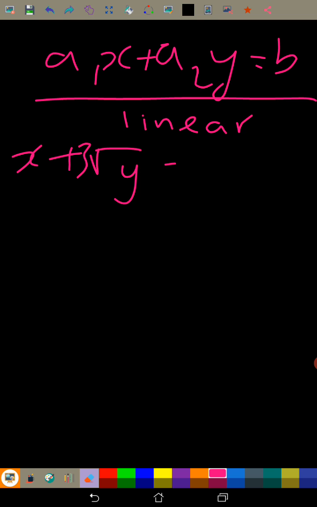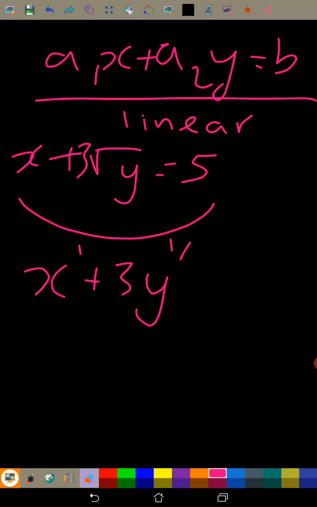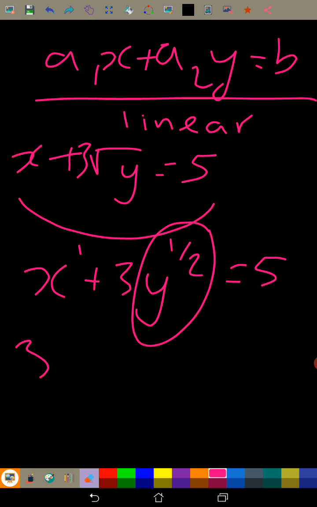For example, here we have this, and it is not linear, simply because here the power is 1, but here the power is a half. Because it's to another power than 1, it's not a linear equation. These are real numbers, yes, but the variables cannot take powers other than 1.